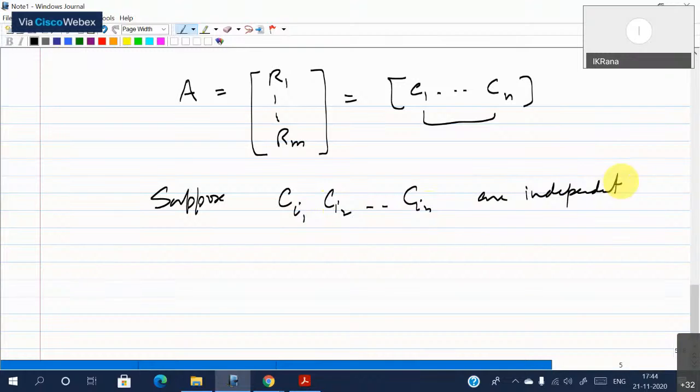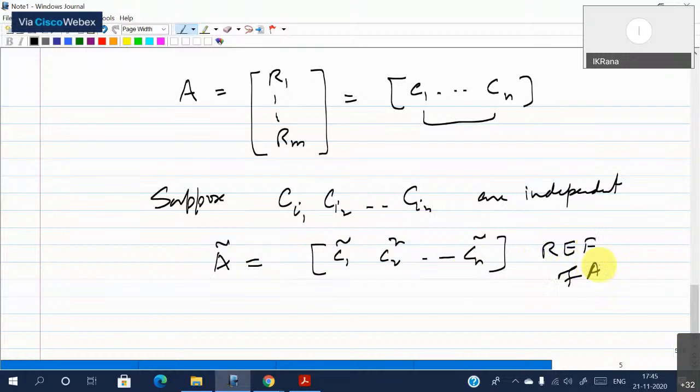Let us take a linear combination of them. I have got the columns C1, C2, up to Cn, and let us write A tilde to be C1 tilde, C2 tilde, up to Cn tilde. This is the row echelon form of A.